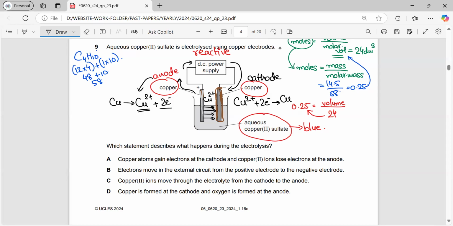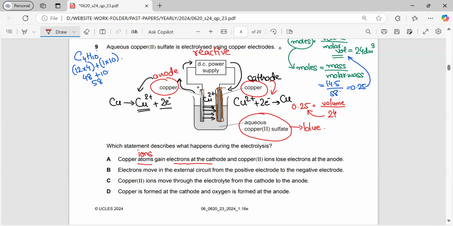Now, this is the whole explanation. Let's see which option is correct. Copper atoms gain electrons at the cathode and copper 2+ ions lose electrons at the anode. Copper atoms gain electrons? Yes, there is a gain of electrons at the cathode, as I told you, but not the copper atoms.